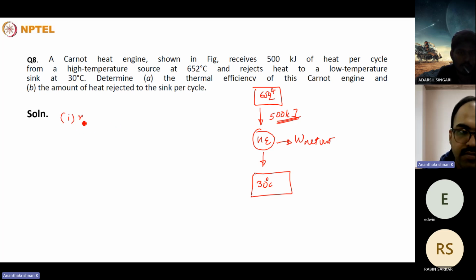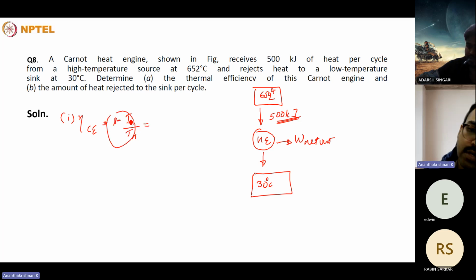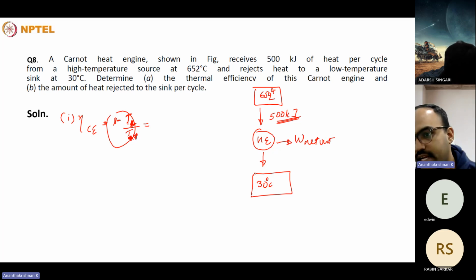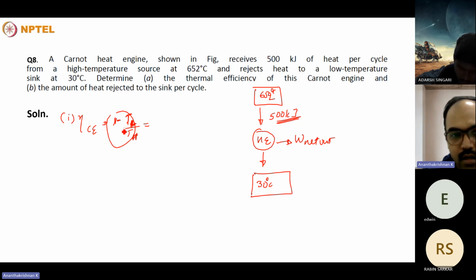So the efficiency of the Carnot engine will be written as 1 minus TL over TH, because it's reversible. Carnot has the highest efficiency, so you can denote it in terms of the temperatures associated with it straight away.